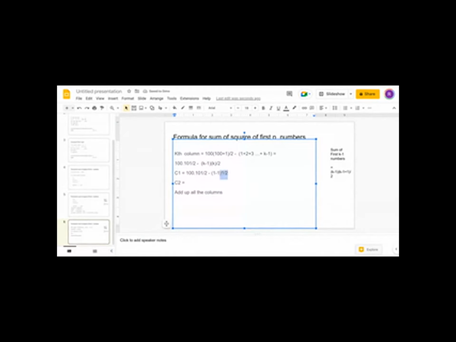The second column will be the same thing but with 2: 2 minus 1 into 2 by 2. And so on and so forth. So the 100th column will be the same thing with 100.